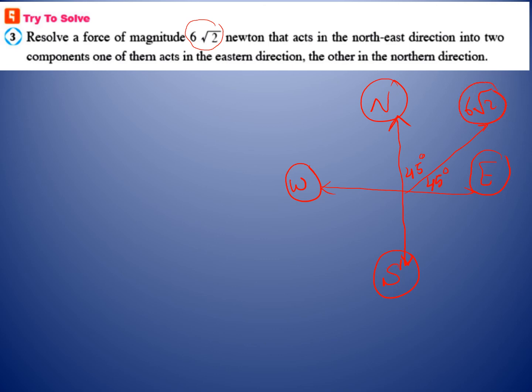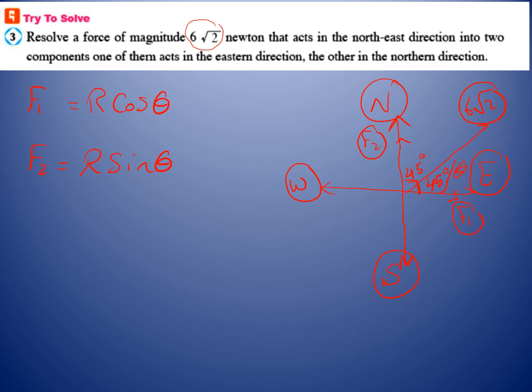And the components: one in the direction of east, F1, and the other in the direction of north, F2. F1 and F2 are perpendicular, so you can use the perpendicular rule. F1 equals R cosine theta, and F2 equals R sine theta, where theta is the inclination with the first force.